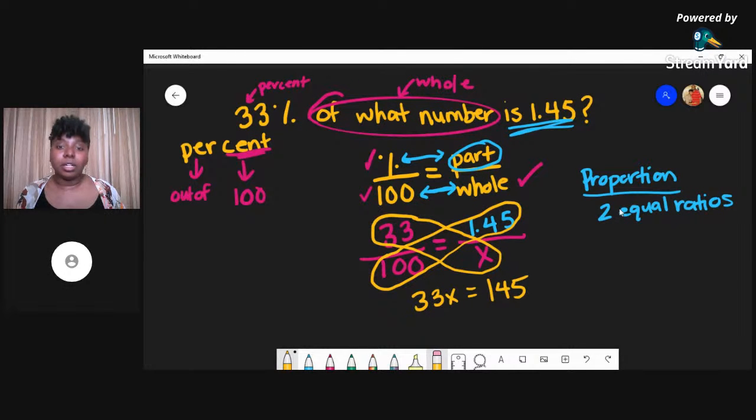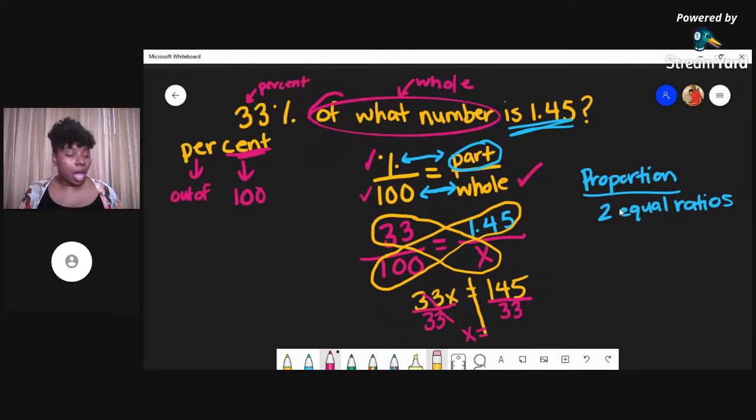Isolate the variable. Good. What are you going to do to isolate the variable? Divide. You put 33x over 33. Good. That'll get the x by itself because it cancels out the 33. Awesome. And what else? You have to do the same thing to the 145.